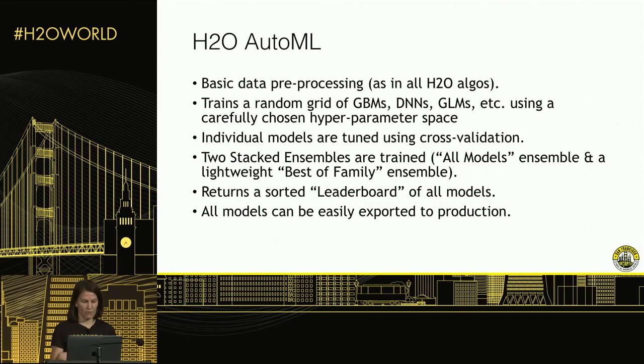So this is just an overview of what I've said already. We do some basic preprocessing, which we already get for free because we're using H2O. So we train a random grid of GBMs, including H2O GBMs and XGBoost GBMs, deep neural networks, GLMs, et cetera. And we have chosen what the hyperparameter space is.